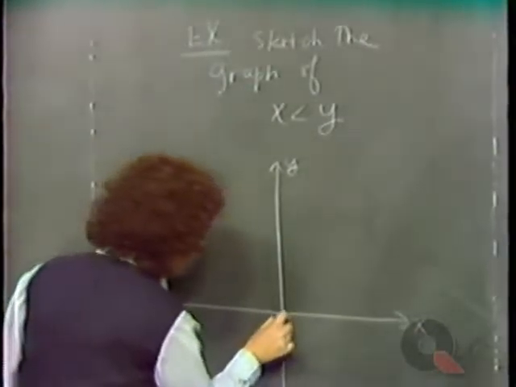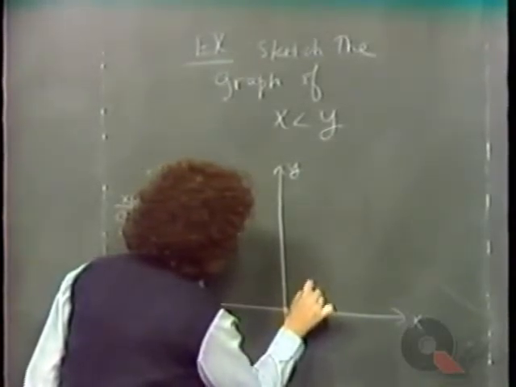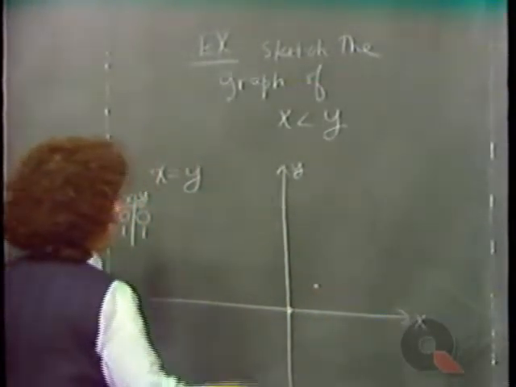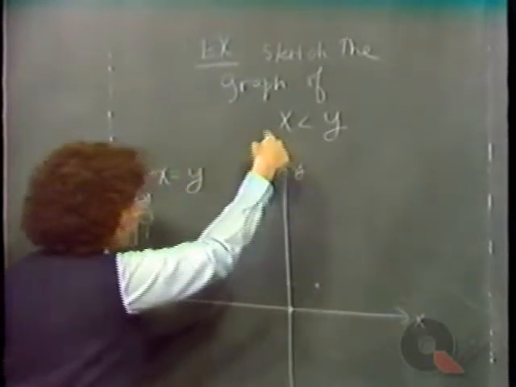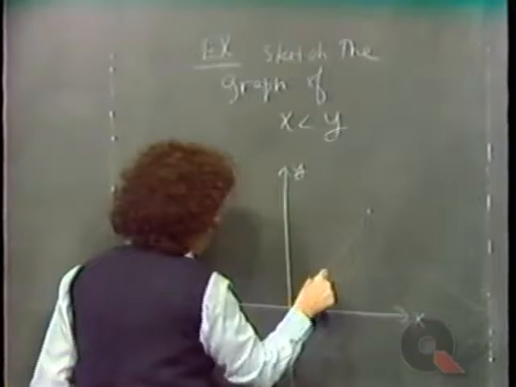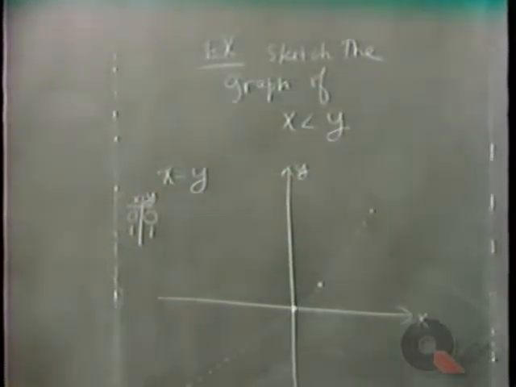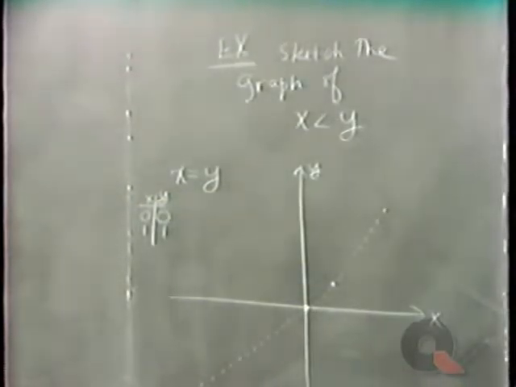So we have 0, 0 and 1, 1. The line, which I will dot in because this is a strict inequality, looks like so. That's the line y equals x, or x equals y.